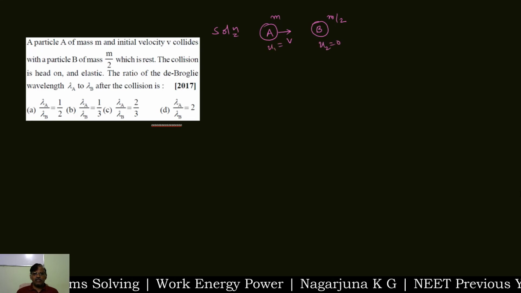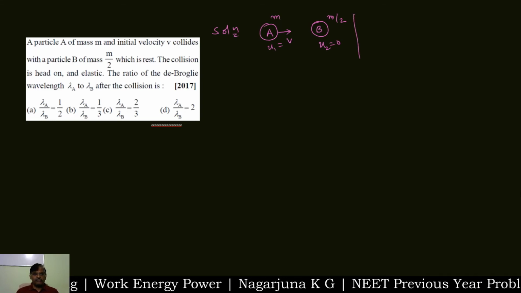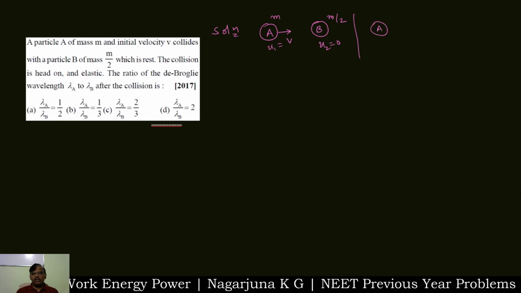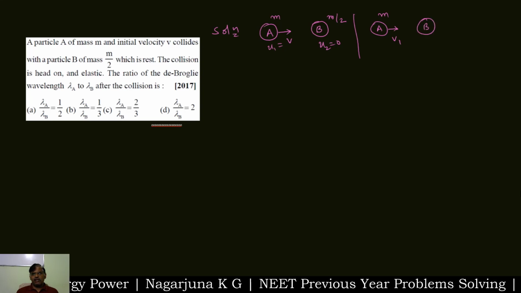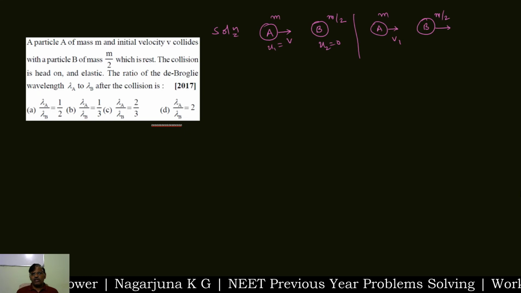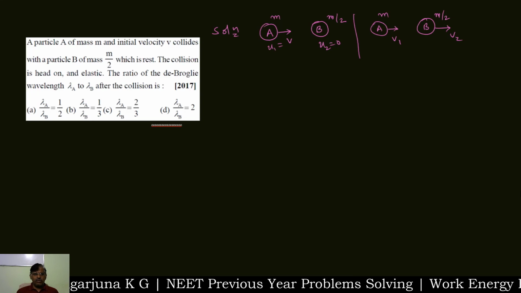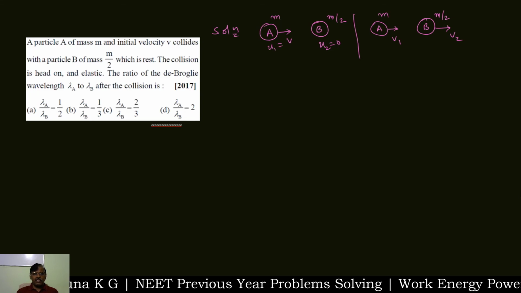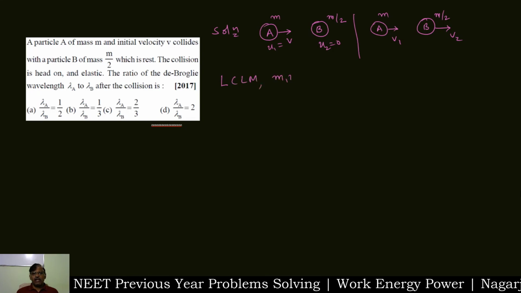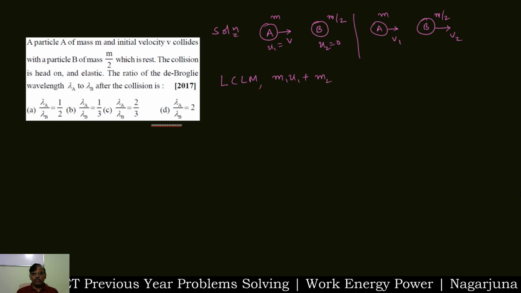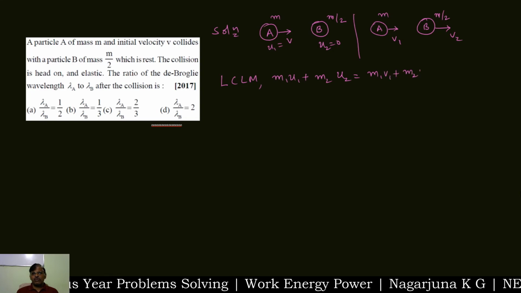Here let us take this as u1. After collision, let us assume that the first particle of mass m is moving with velocity v1 and the second particle of mass m divided by 2 is moving with velocity v2. According to the law of conservation of linear momentum, we can write m1 u1 plus m2 u2 is equal to m1 v1 plus m2 v2.